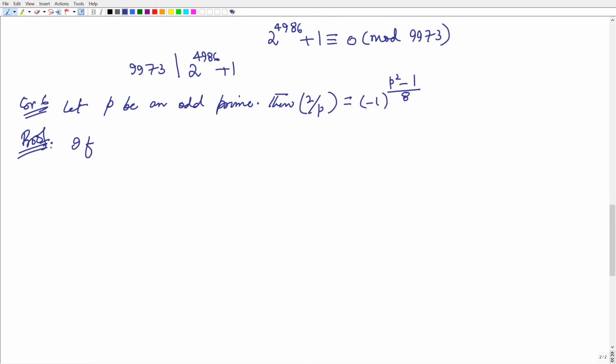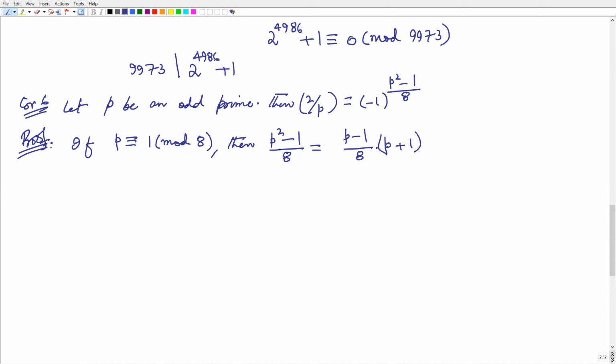Look at the proof of this result. If P is congruent to 1 modulo 8, then P squared minus 1 over 8 is equal to P minus 1 over 8 times P plus 1.